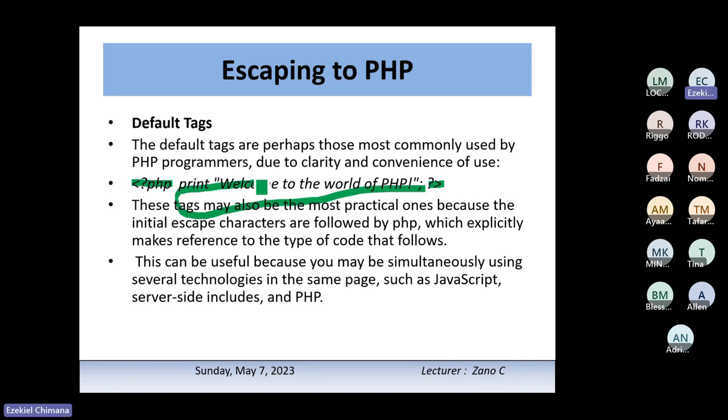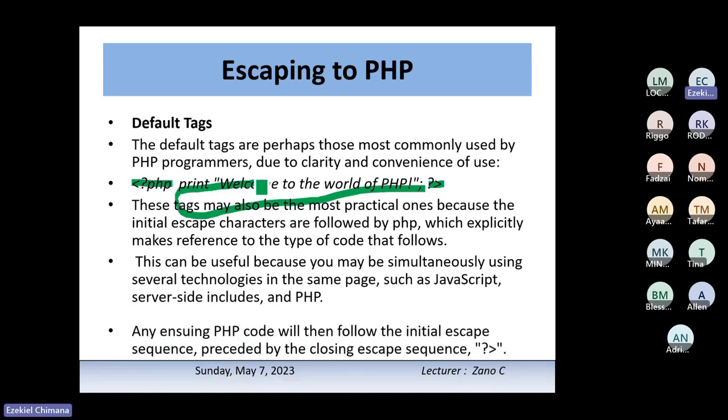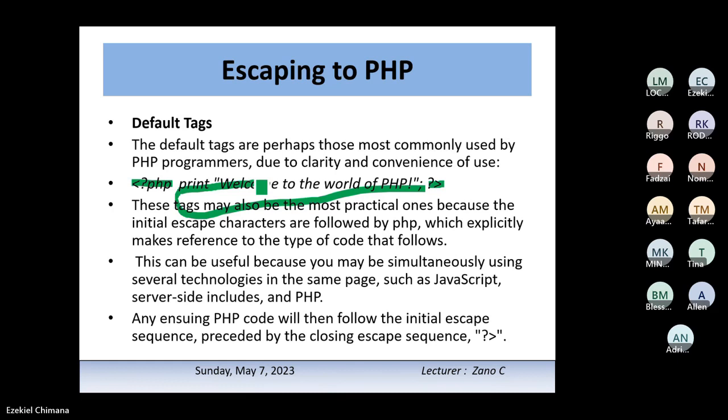So this one is much clearer: you can see this block is for PHP, this one is for JavaScript, and this block is for the HTML part. So it's far more useful to use this escaping sequence.